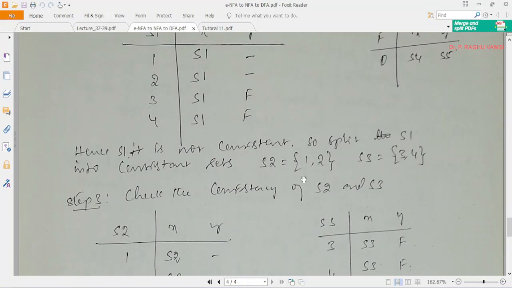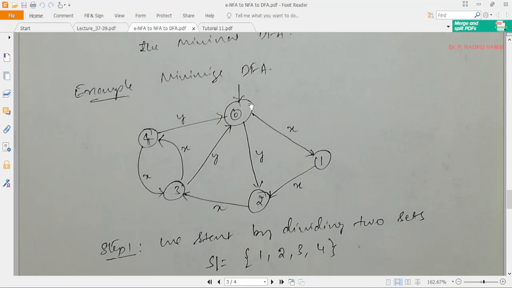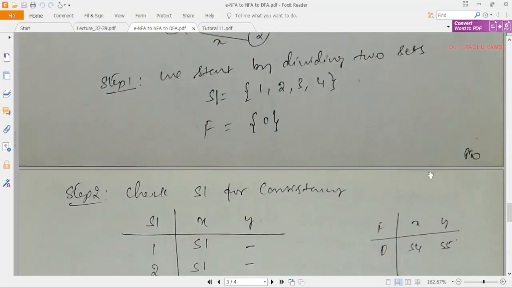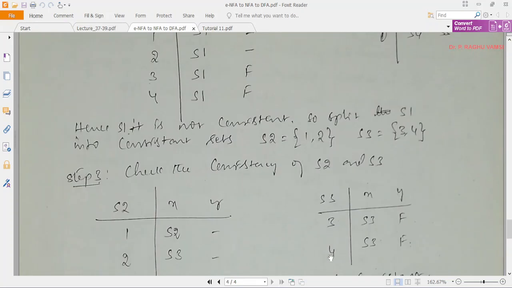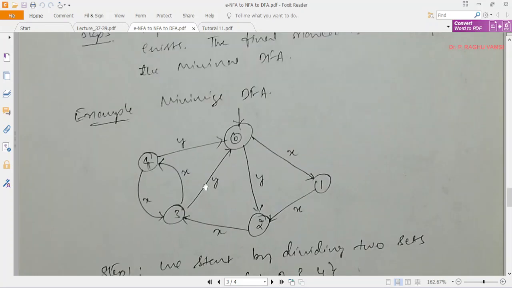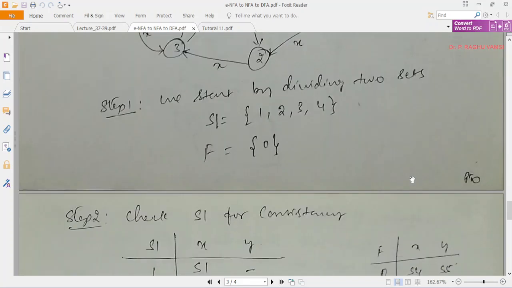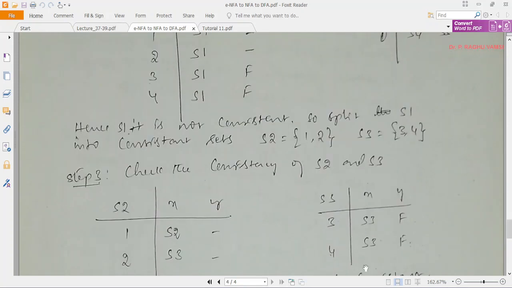Now 3 on Y is going into state 0, which is available in the final set F. So it is F. 4 on X is moving into the state 3. 3 is available in set S3, so S3. And 4 on Y results into the final state, which is 0.